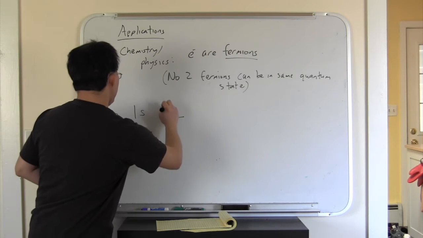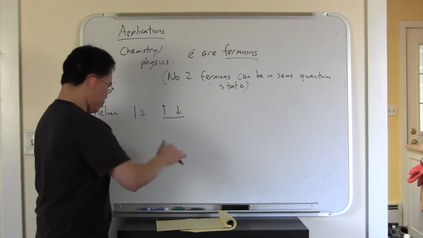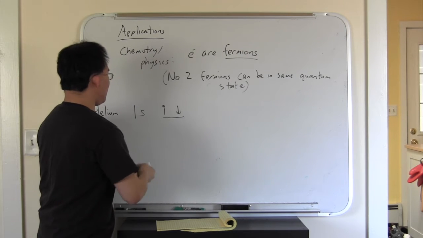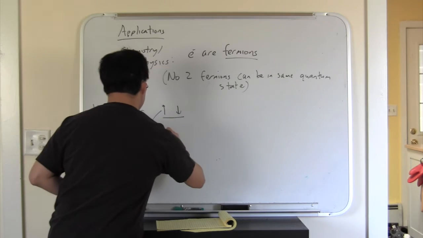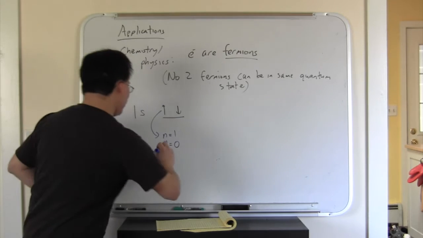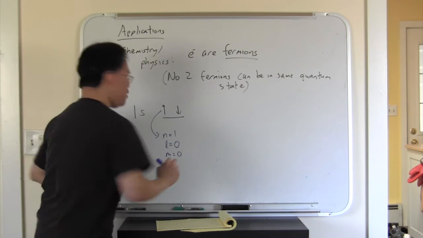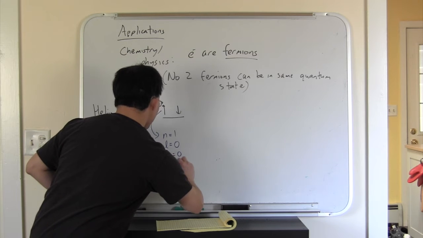So if I were to denote the state with arrows, in the ground state you have 1 electron with n equals 1, L equals 0. Because L is 0, we have m equals 0, and ms equals 1/2.